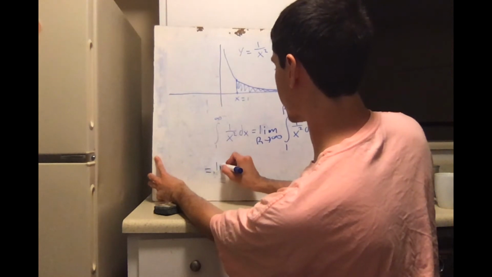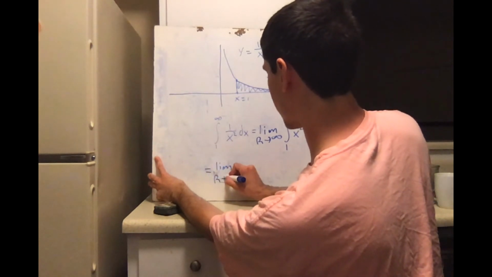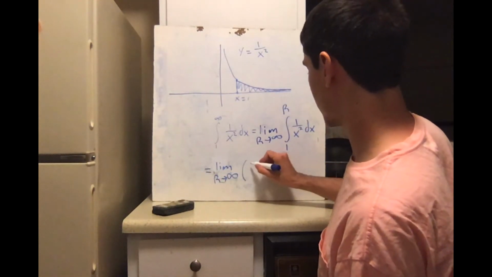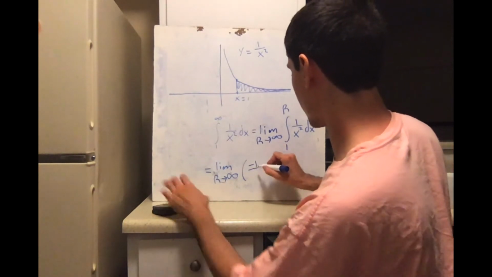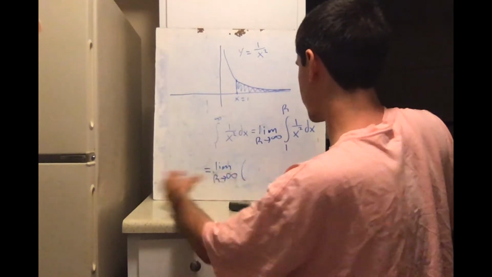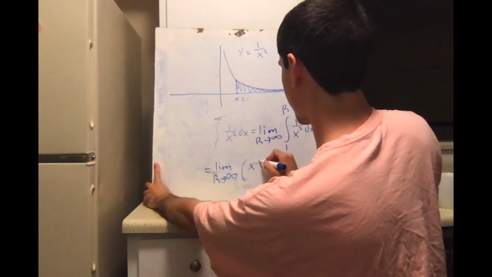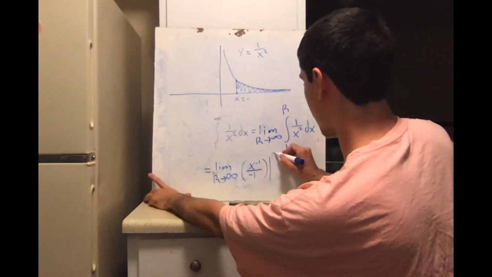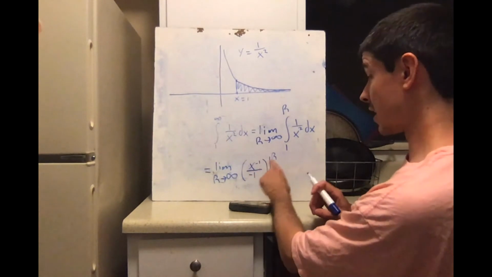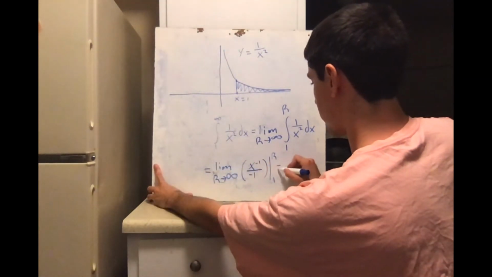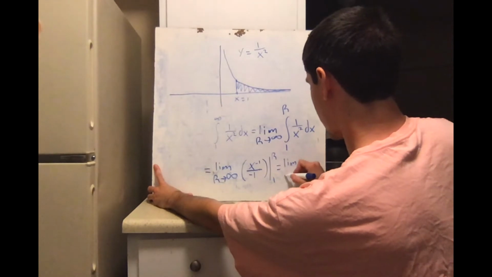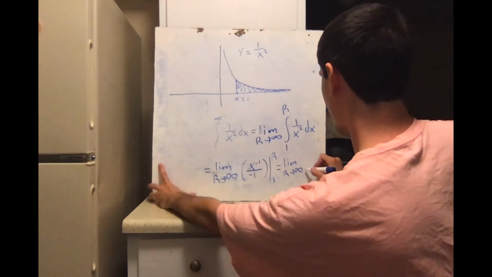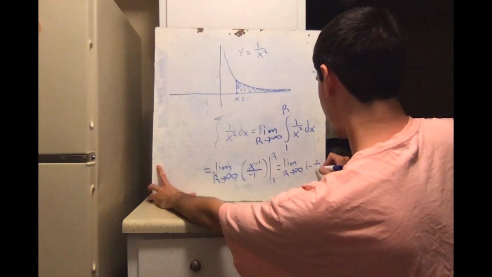This, of course, is going to be the limit as r approaches infinity of, I could write it really properly, x to the minus 1 over minus 1, which is just negative x to the minus 1, evaluated from 1 to r. So this is going to be the limit as r approaches infinity of 1 minus 1 over r.